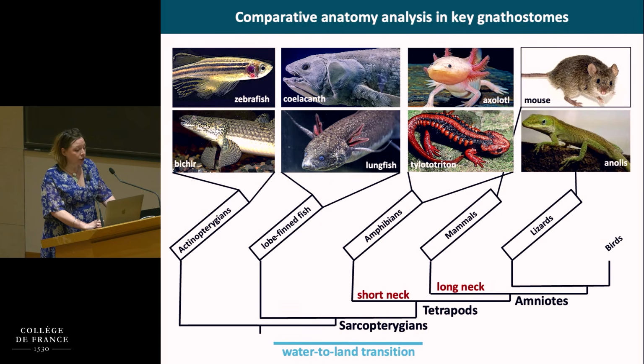We also included the bichir, a basal actinopterygian that has a lung and the capacity to breathe, and also to use the pectoral fin to walk onto land.